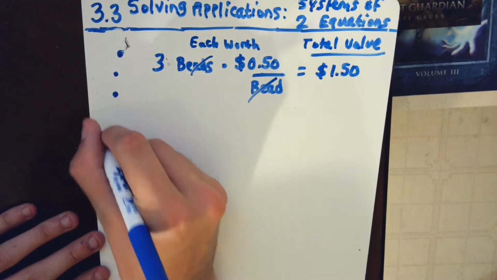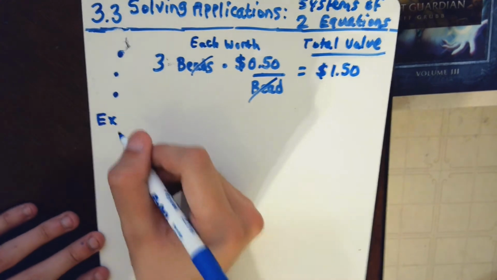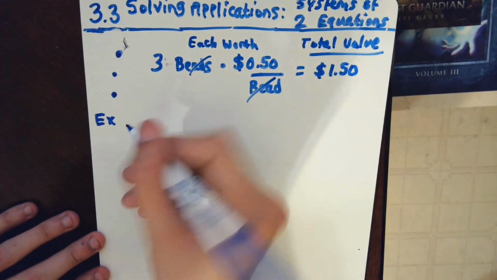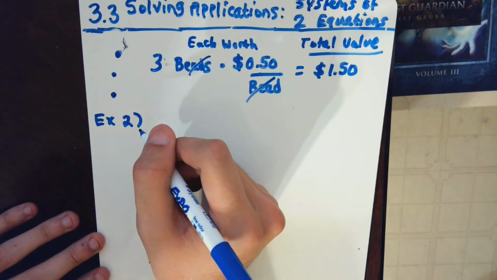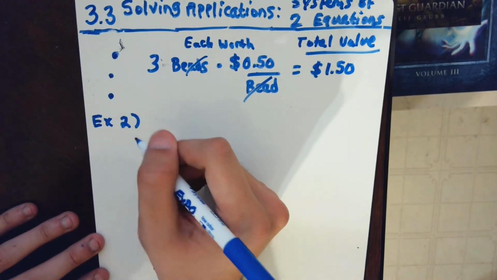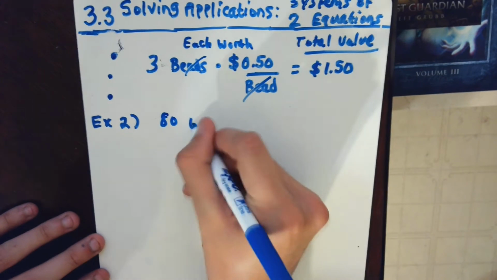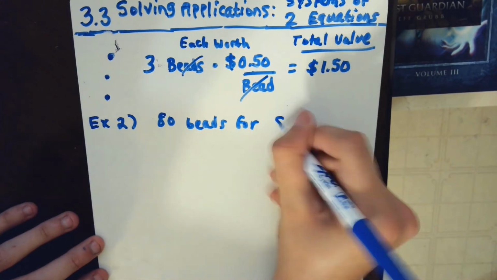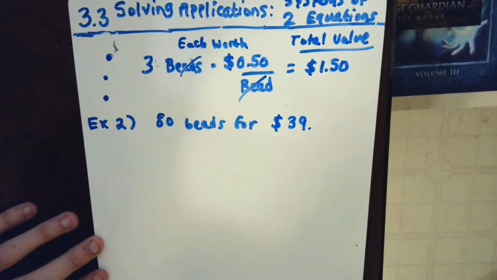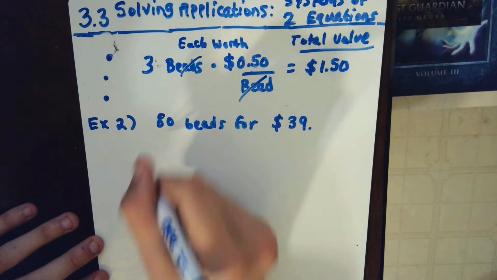So I'm going to cover example 2 in the text. It's covered on page 167. So it says that Starbright Jewelry Design purchased 80 beads for a total of $39. And that's excluding tax, but I don't think tax is going to come into the calculation at all. But they say that some of the beads were sterling silver beads costing 40 cents each.